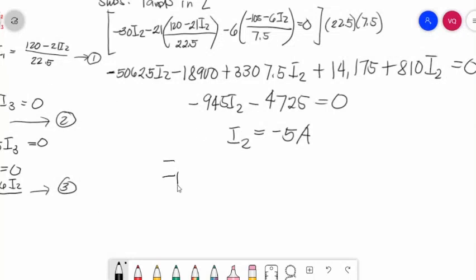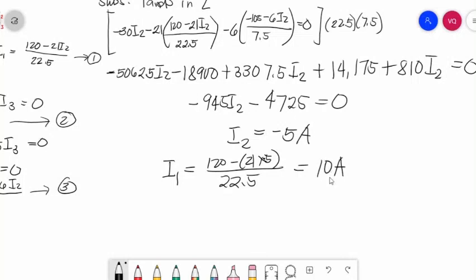You will get 120 minus 21 times negative 5 divided by 22.5. That is equal to positive 10 amperes.